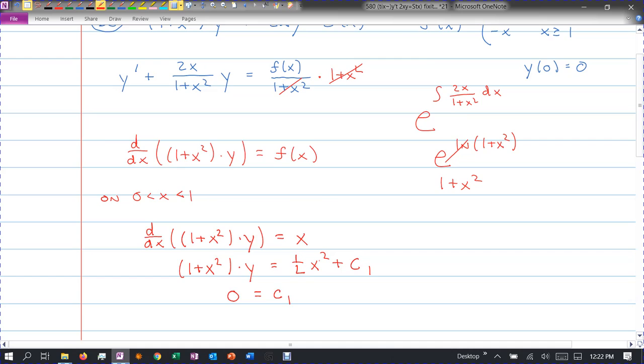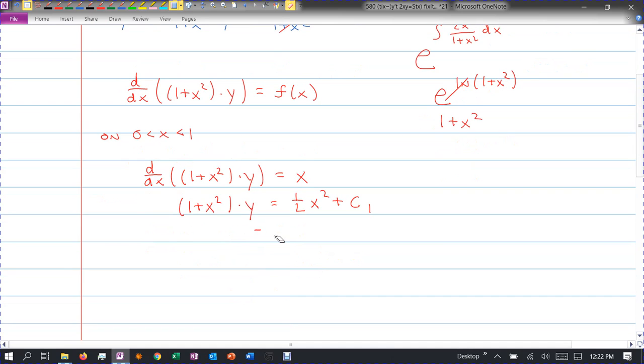Let me go back and solve for y. Okay, so y must be x squared over 2 times (1 plus x squared). So I divided this right here by 1 plus x squared, and then I'm going to divide c1 by that.